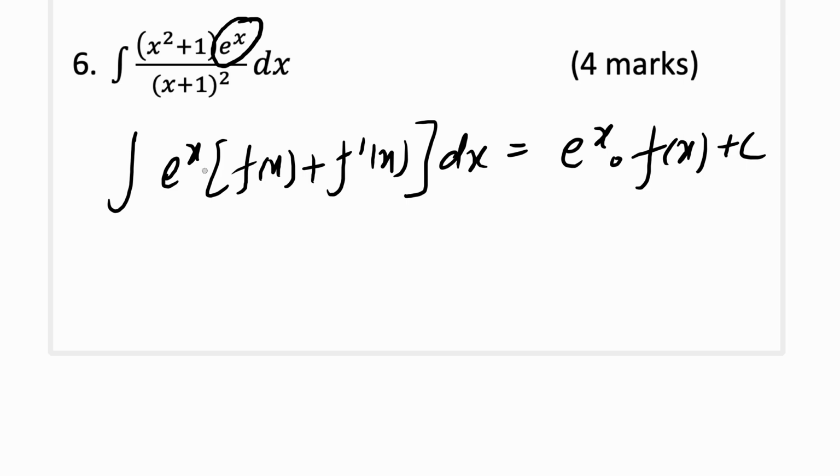So we'll try and convert this part into fx plus f dash x, that is the function plus its derivative. Okay. This formula that I gave you here, you get from by parts. Yes, from by parts. So let's solve it.